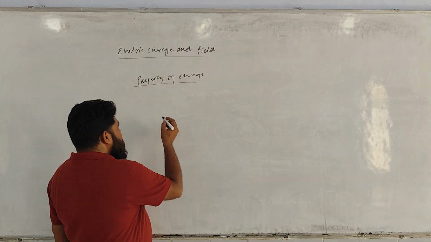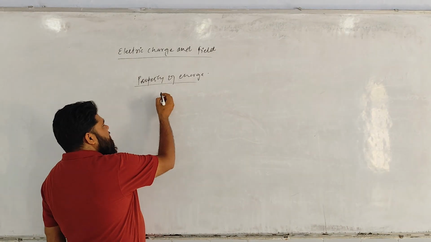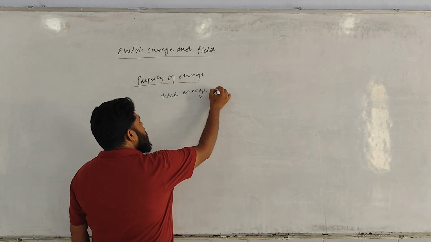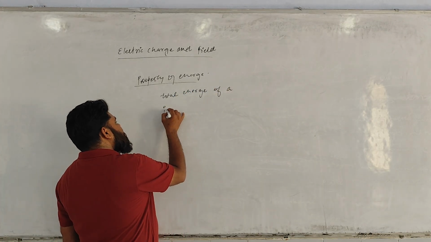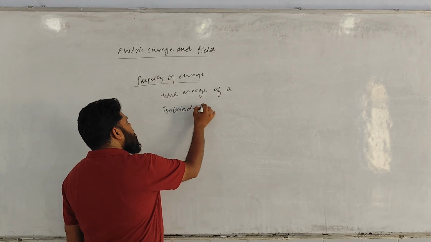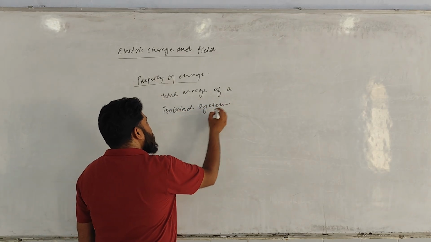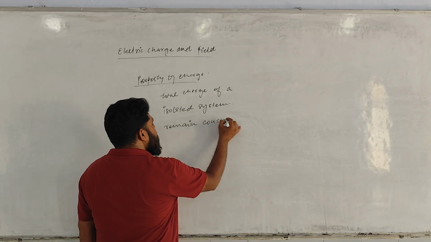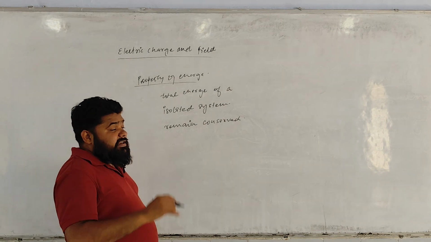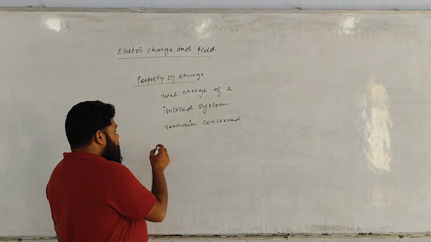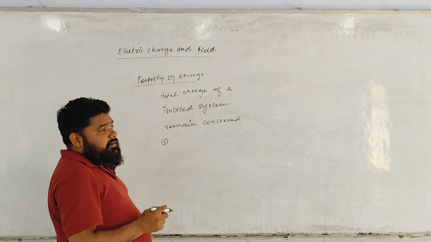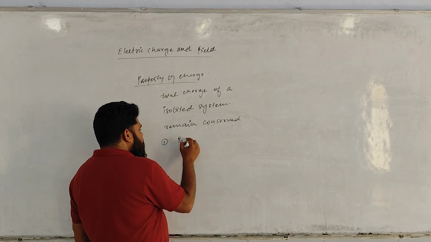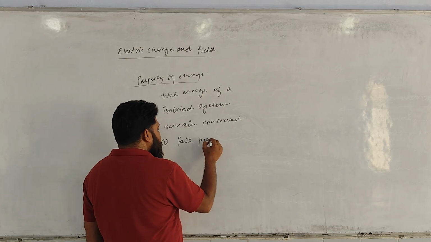So there are many examples for this. First of all, just define the definition. The total charge of an isolated system remains conserved. And there are many examples for this. And the first one, the most interesting and the most important example of this, pair production. What is pair production?